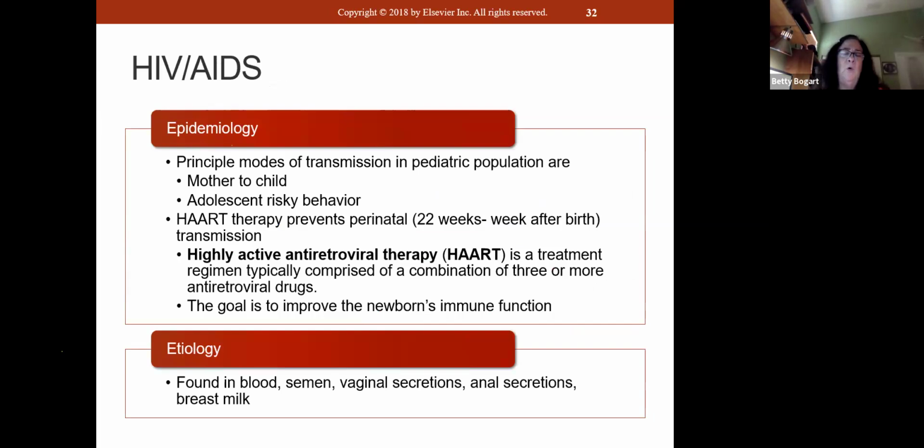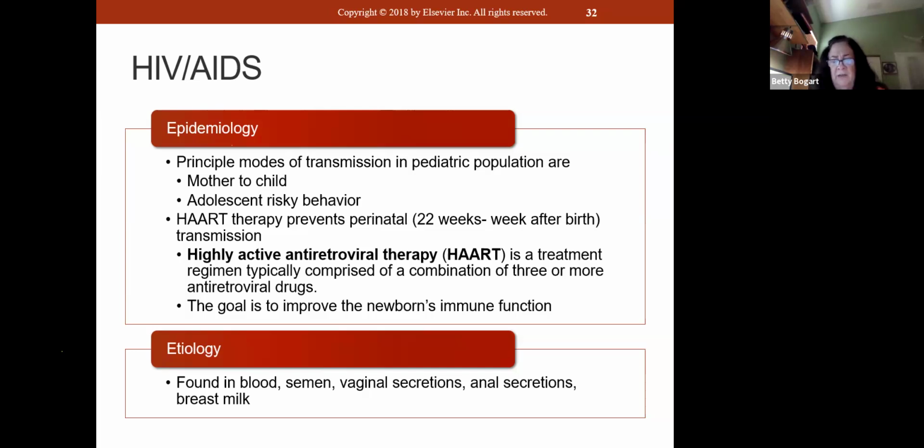So there is treatment that we can give that pregnant mother at about 22 weeks, and then immediately after birth, we're going to be giving these highly active antiretroviral therapy, antivirals, whatever it is. Why do we give these therapies to this newborn baby? Well, we want to take that immune system and make it the best we can possibly do.